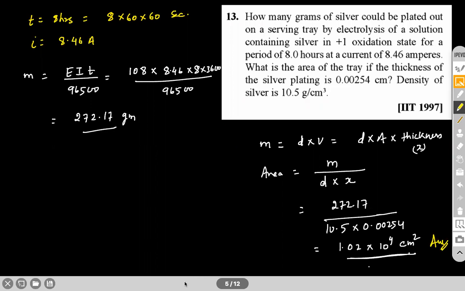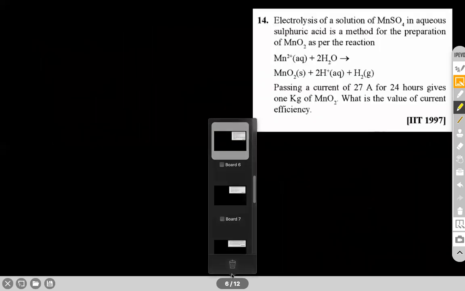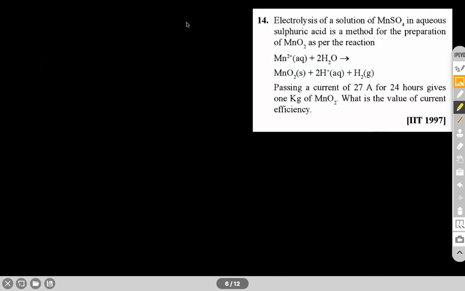Okay. Next question, you see. The electrolysis of a solution of MnSO4 in aqueous sulfuric acid is a method of preparation of MnO2. Okay, what is said? That electrolysis of a solution of MnSO4 in aqueous sulfuric acid is a method of preparation of MnO2 as per the reaction given.